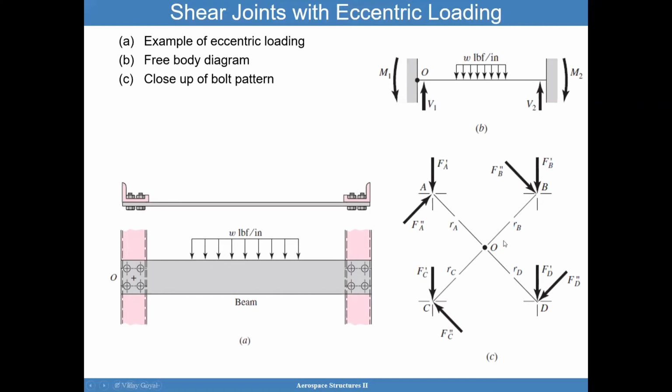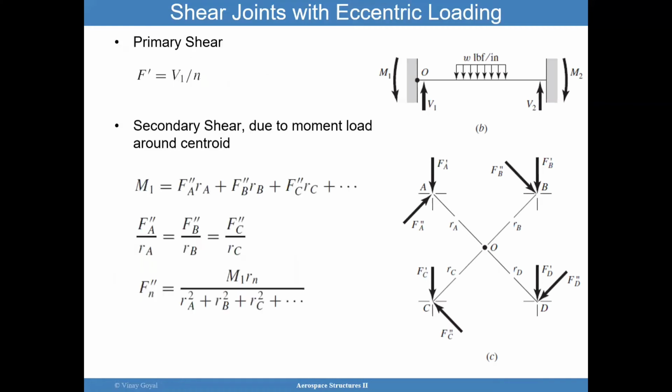We also need to construct the free body diagram to really tackle this problem and to consider the bolt pattern appropriately in the calculations. We can then calculate the primary shear and the secondary shear due to the moment load applied around the centroid. I'll go into some calculations to show you how this can be applied in a simple way.